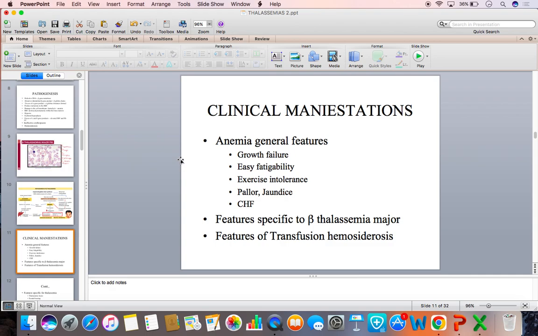Having understood the pathogenesis, how does this patient present to you? At the time of birth, these infants are normal. There are no clinical manifestations, no anemia, no jaundice, and the baby is looking healthy.